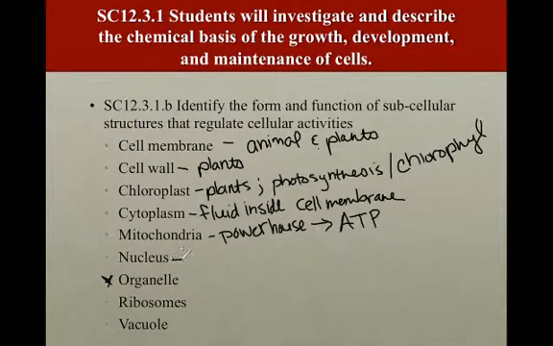Nucleus. That is the control center. It stores DNA.